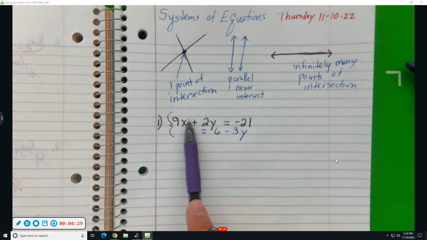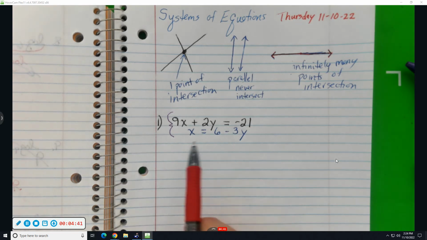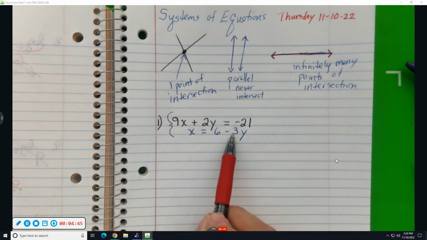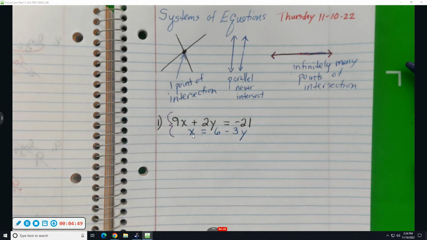Right here we have 2 equations and 2 different variables, x and y. With the substitution method, you substitute 1 variable in for the other. If you're going to use substitution, one of the equations has to be in the form variable equals something else. And if it isn't, you have to rewrite it.